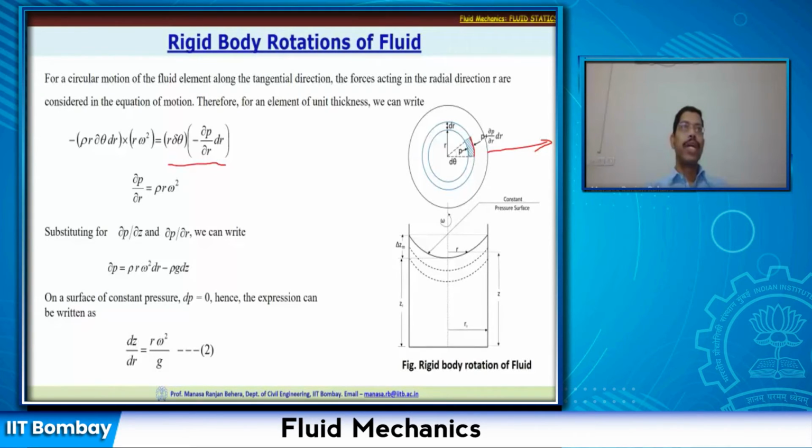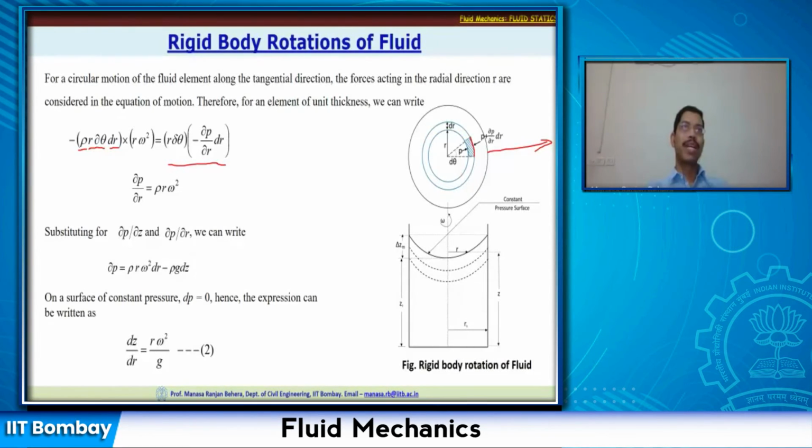So if we equate that, what is the mass? The mass is the volume R d theta dr, that is the area. R d theta is this surface, dr is this, multiplied by 1. That is your volume, multiplied by your density rho gives the mass of that liquid.